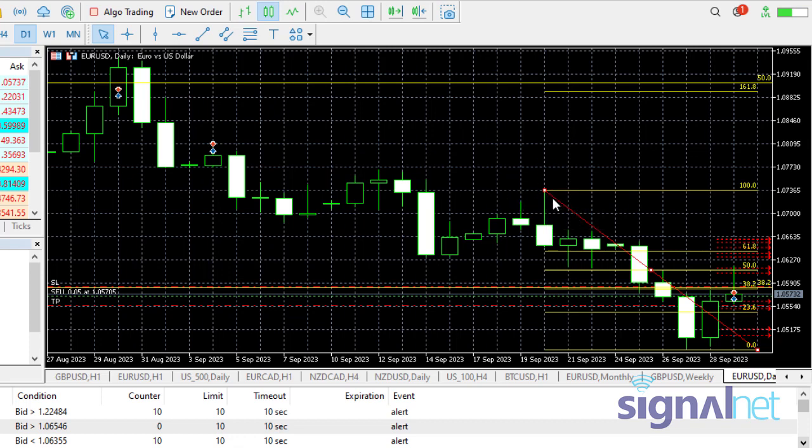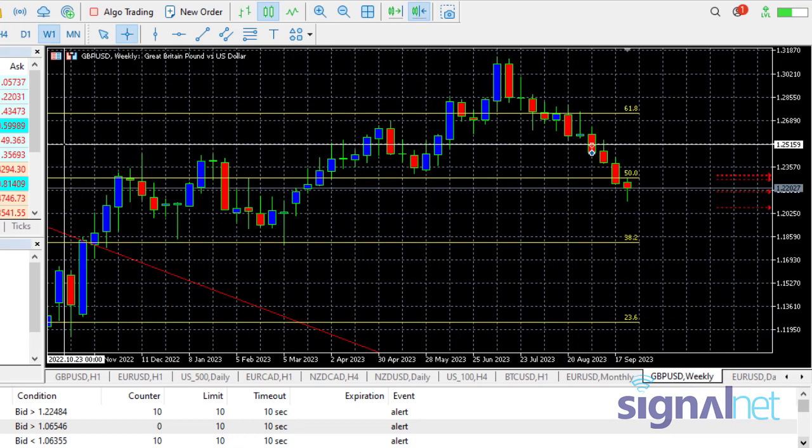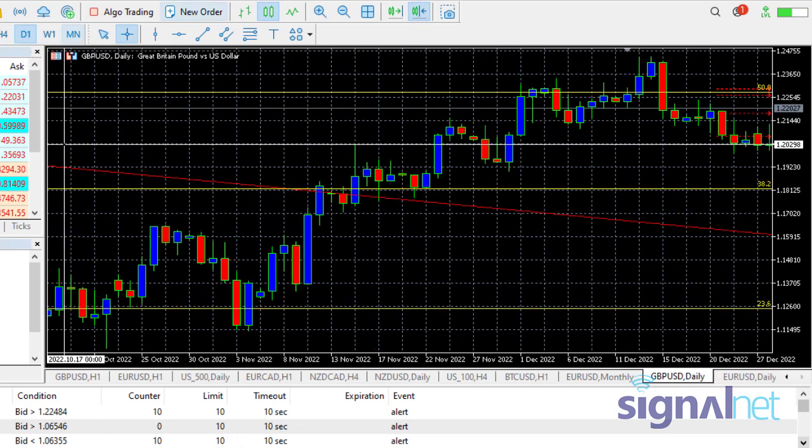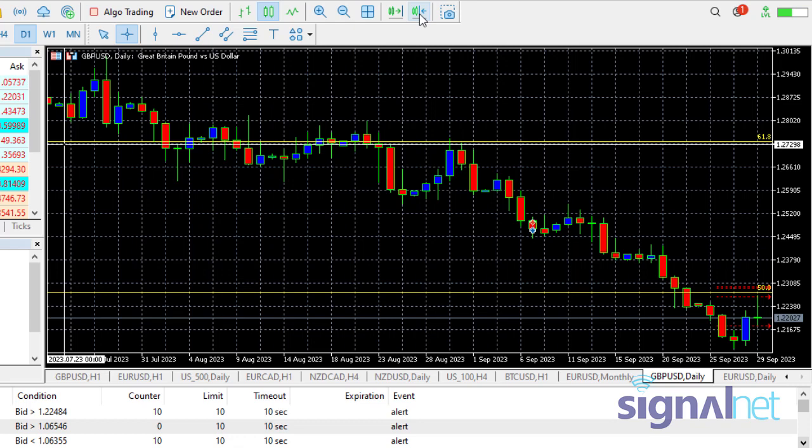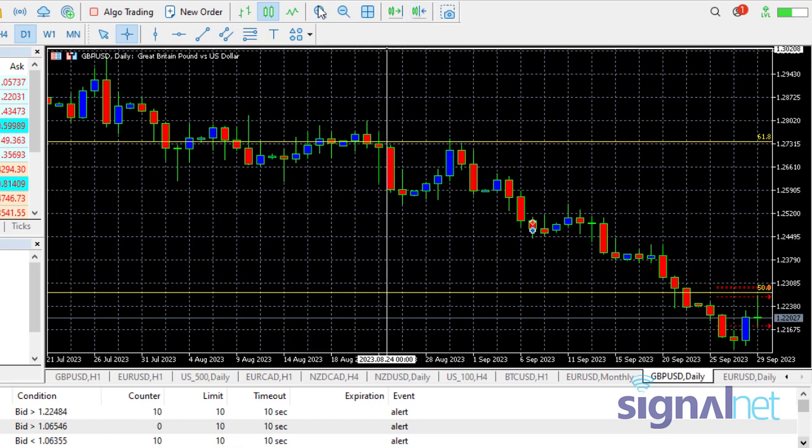So that can be our potential stop. Then our take profit can be the current low, which is around 1.0505. So that's a strategy we can use for Euro USD. And I believe the same thing applies for Pound USD. I believe it was something like that same move.